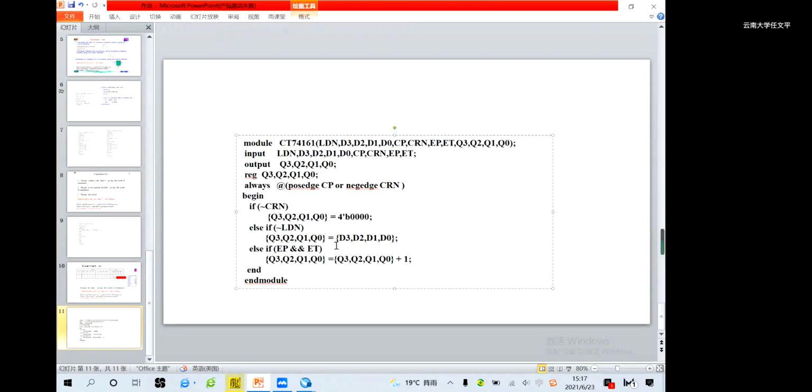But do you have any questions here? Did any student ask this question? Ask the question. Why doesn't the counter have the max counter number? Why does this program not have the max value counter?